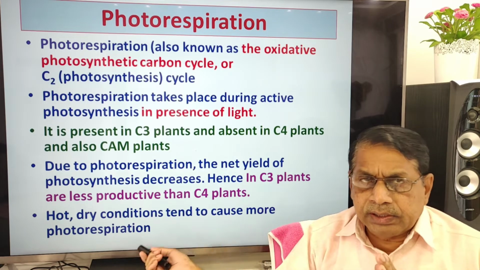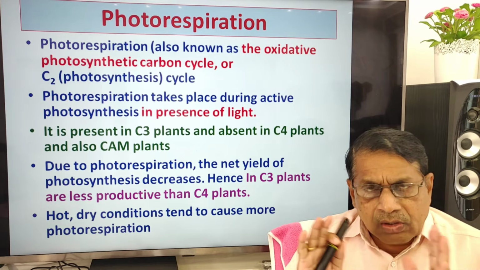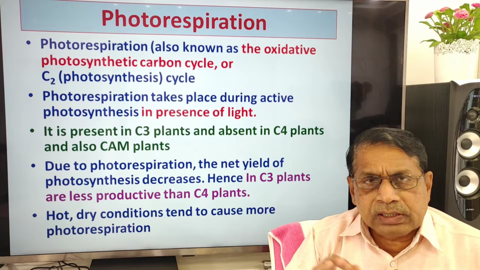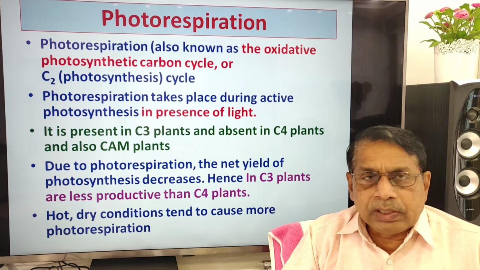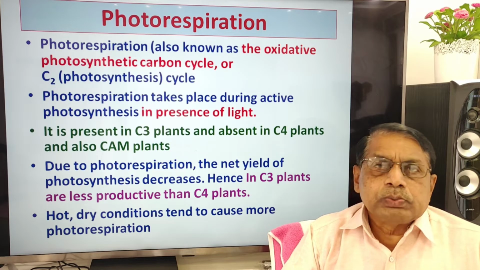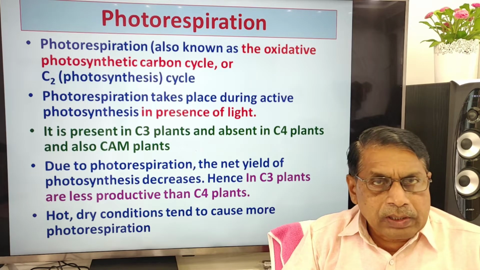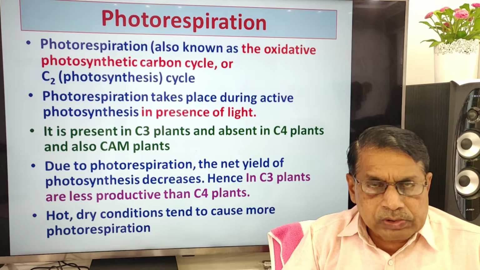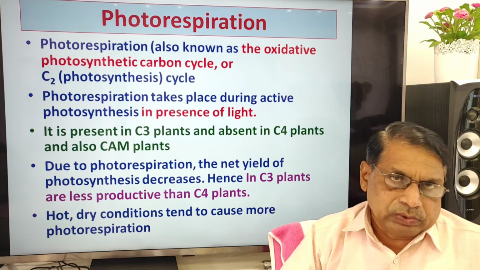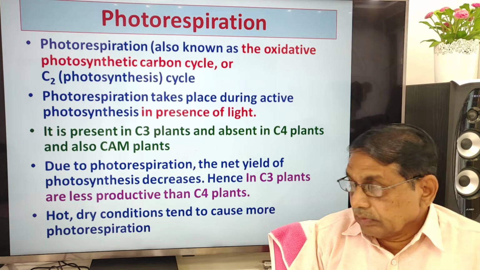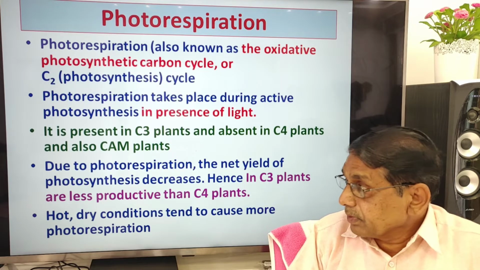Another important point: all reactions of photorespiration take place in three types of cell organelles: chloroplasts, peroxisomes and mitochondria. Under what environmental conditions does photorespiration take place?